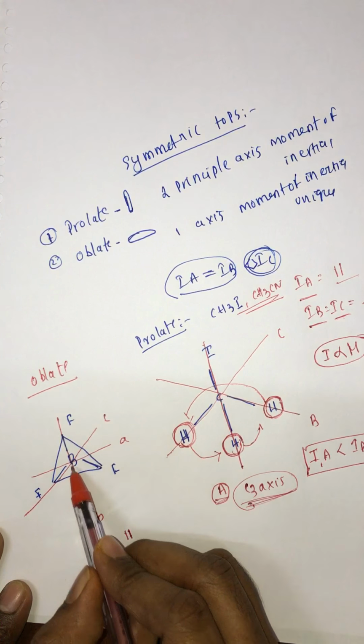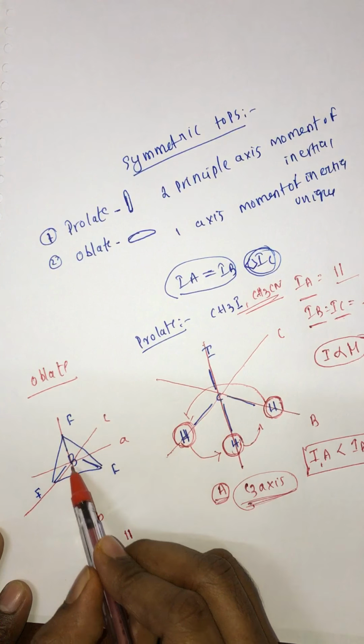Examples are very important. For symmetrical top, examples will be D3h point group, D4h point group, D6h point group. These come under the oblate type. And sometimes C3v also, C3v comes for the prolate.